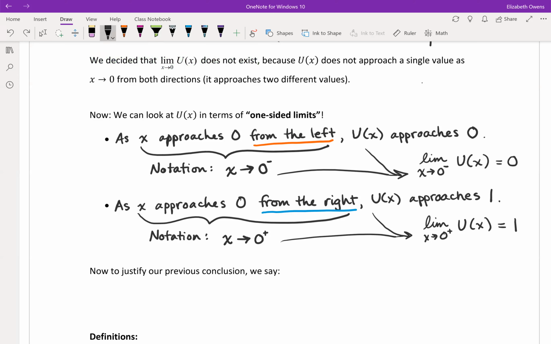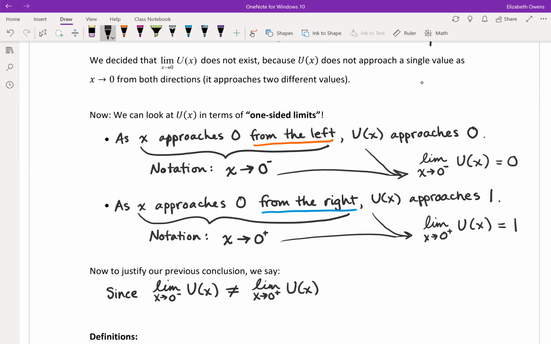Okay, so to justify our previous conclusion, we can say that since the limit as x approached 0 from the left of u of x did not equal the limit as x approached 0 from the right of u of x, okay, those two limits were not the same.